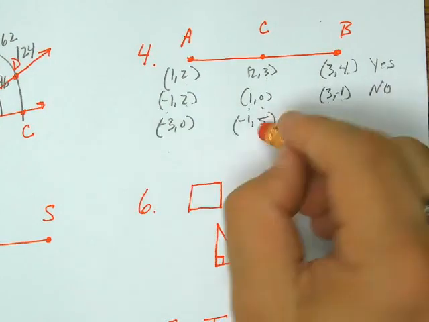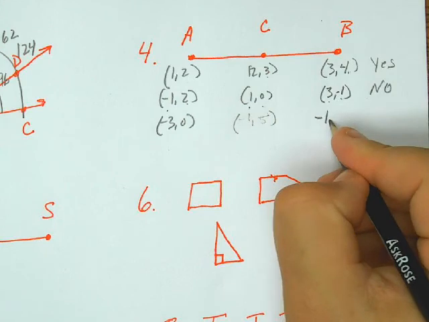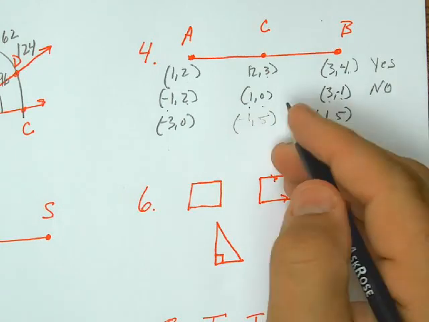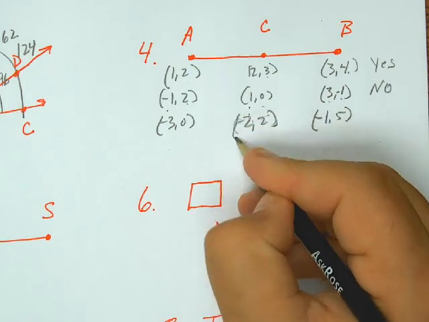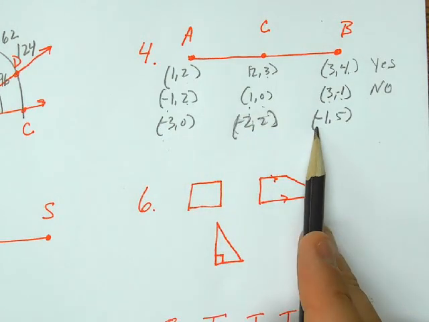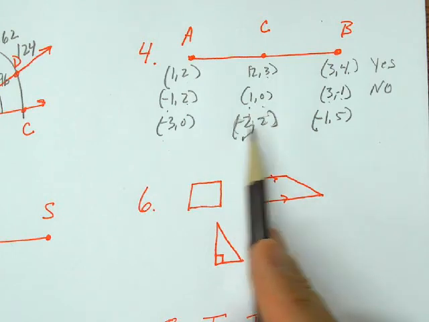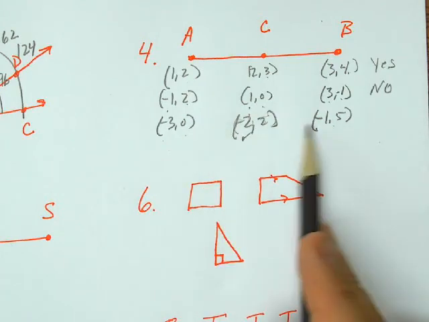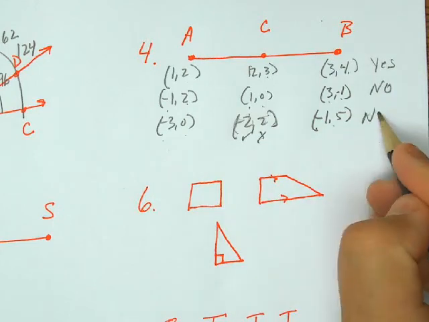Oh no, that's B. -1, +5, and C is -2, 2. Alright, let's check. -3 plus -1 is -4 divided by 2. Yeah, that works. 0 plus 5 is 5. 5 divided by 2 is not 2. That does not work. So the answer is no.